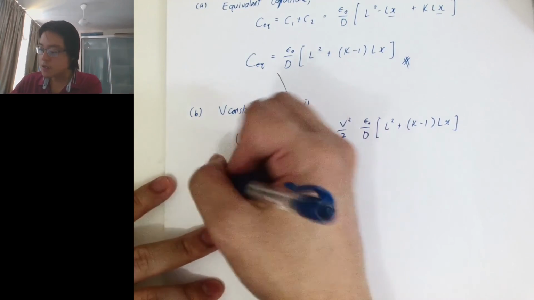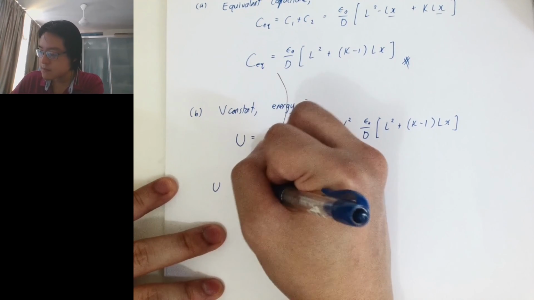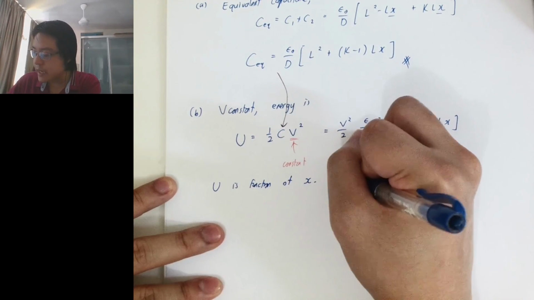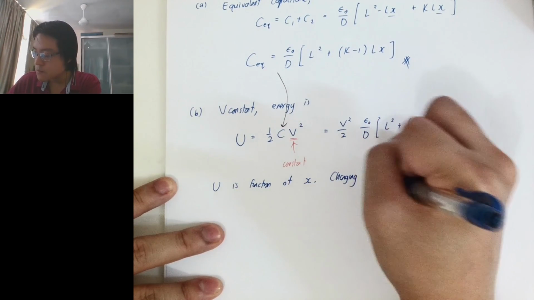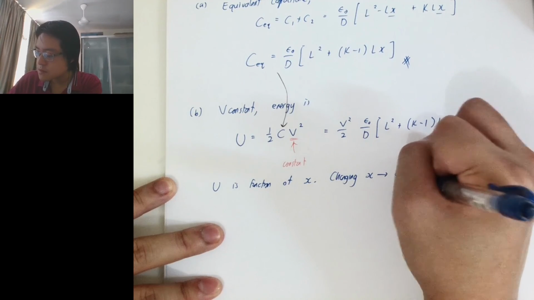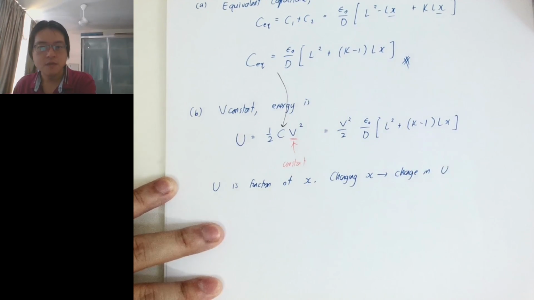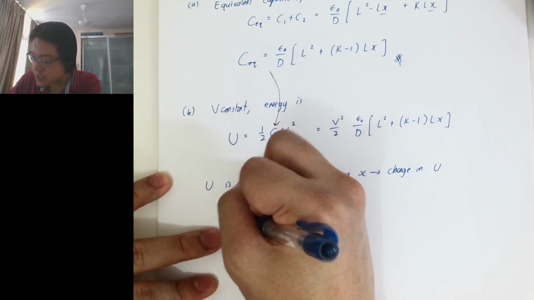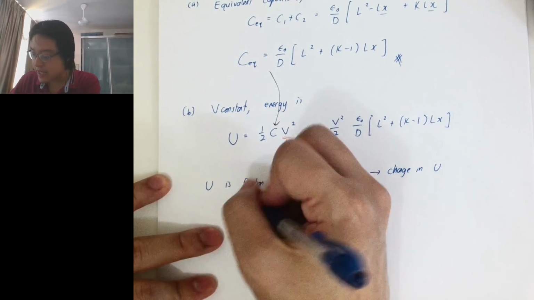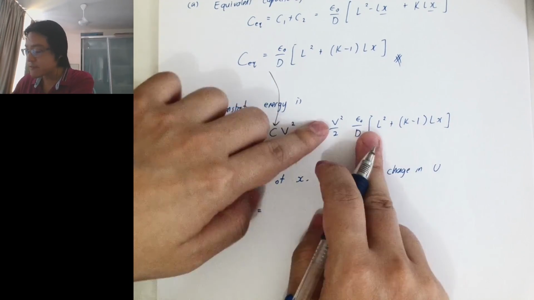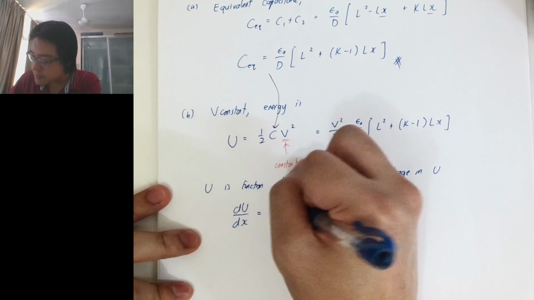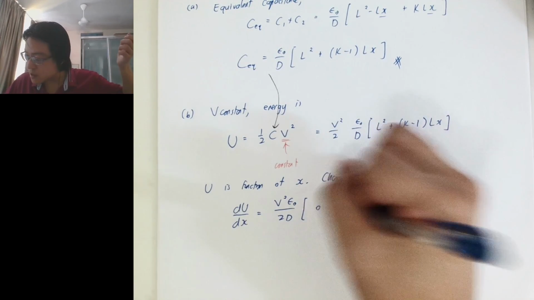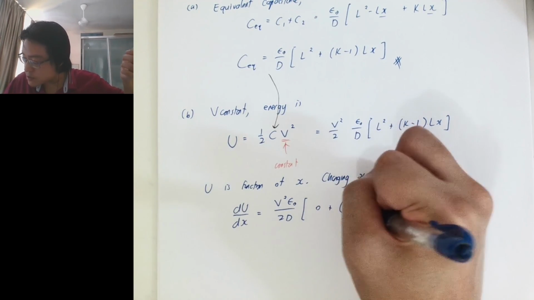So U is a function of X, which means changing X will cause a change in U. So what we can do is differentiate, dU/dx. Everything in front is a constant, so I get V squared epsilon over 2D, and then differentiate everything here. L squared is a constant, differentiating X, I get K minus 1 L.